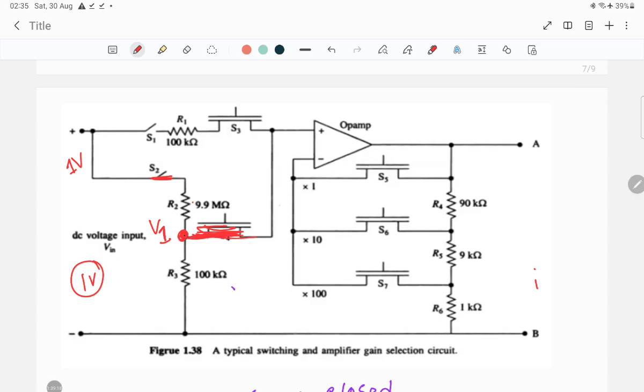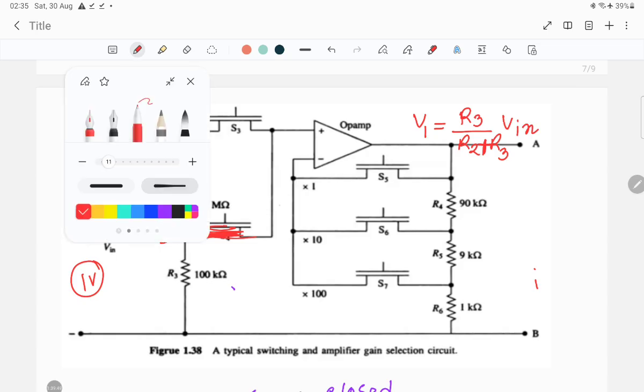So what will be the V1 in this particular scenario? V1 will be nothing but R3 divided by R2 plus R3 into V in.